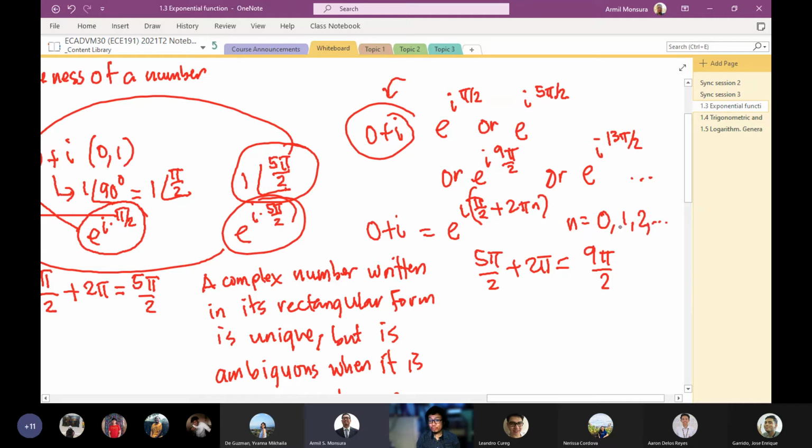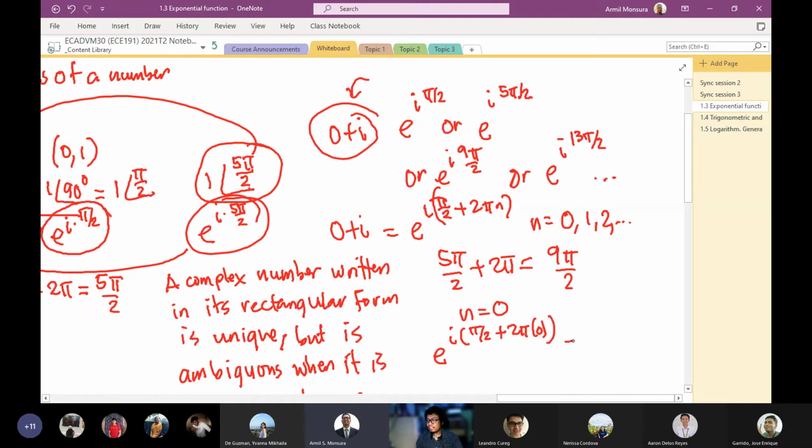I-test natin yung expression na to. When n is equal to 0, what is this? That is e raised to i times pi over 2 plus 2 pi times 0. So that should give us e raised to i pi over 2. Is that correct?